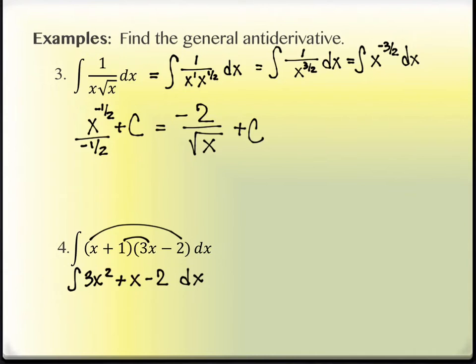So what's the antiderivative of 3x squared? 3 comes along, now what? X to the third over 3. Okay, what about the antiderivative for x?